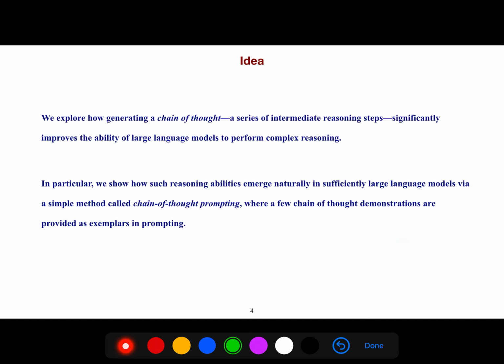So what is the idea? We explore how generating a chain of thought, which is a series of thoughts, works. I always say the human mind is a Markov chain, make it ergodic, because I said this sentence exactly 2 years ago when I was working on Markov chains. You go from one thought to another thought, then it triggers another thought. For example, if you think about Putin, you think about why there is a war on this planet.